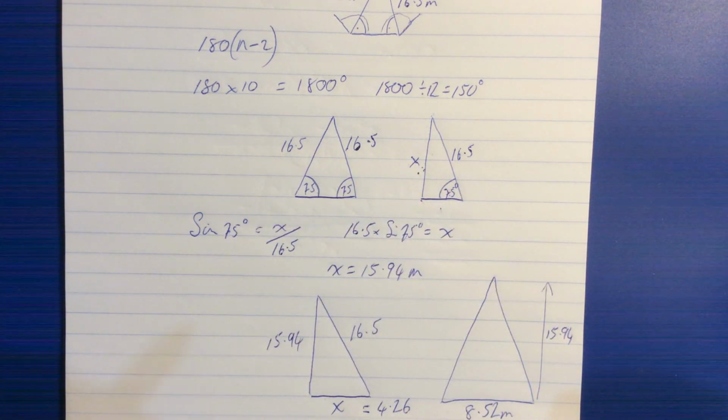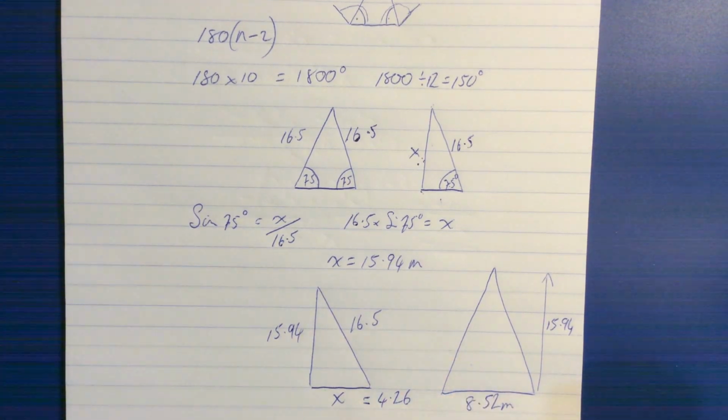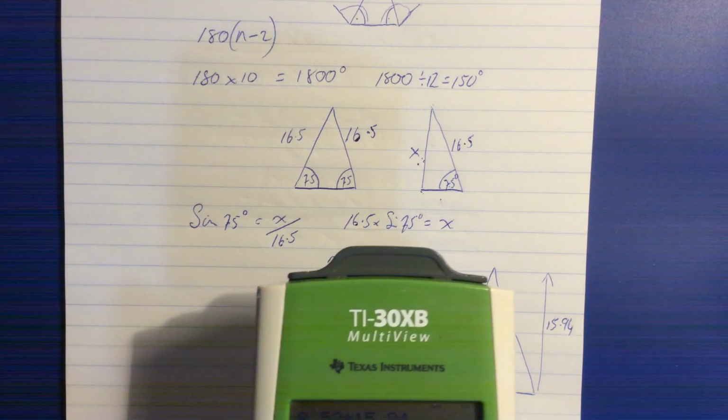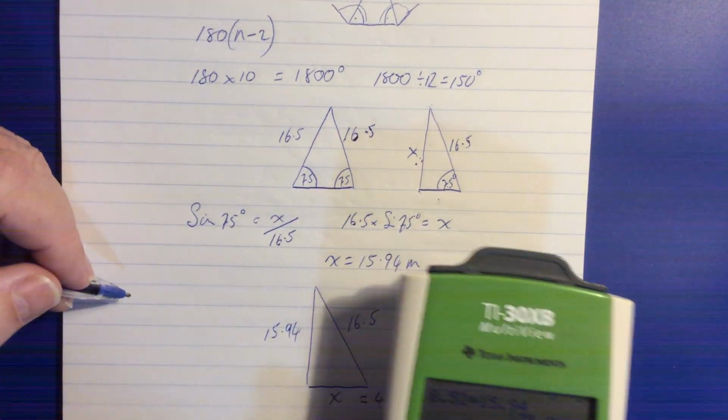Height times base divided by 2. That will give us the area of this, and we multiply that by 2. So 8.52 times 15.94 equals 135.8. Divide that by 2, and we get 67.9.